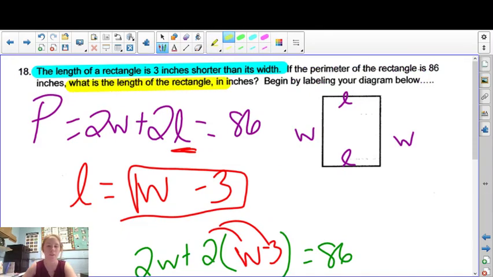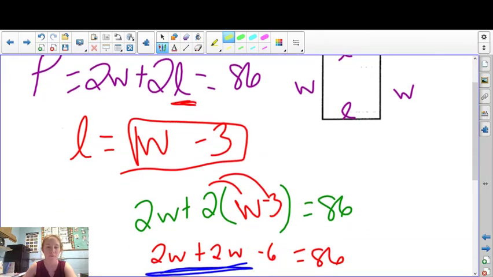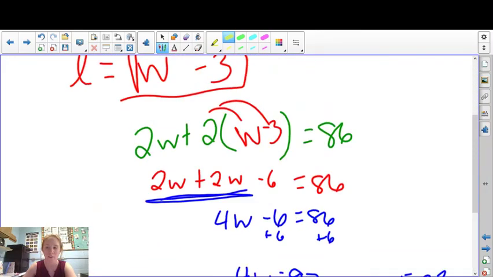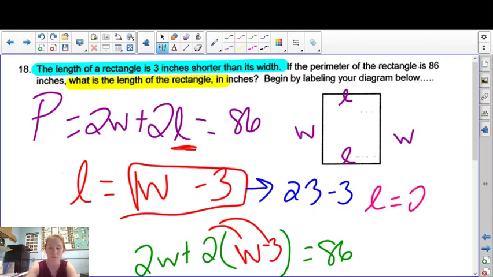So right now I've discovered the width, so I need to go back and find the length. Well, now that I know the width is 23, if I come back up here, oops, I need my marker again. If I come back up here, I take my 23 minus 3. So my length of this here rectangle is equal to 20 inches.